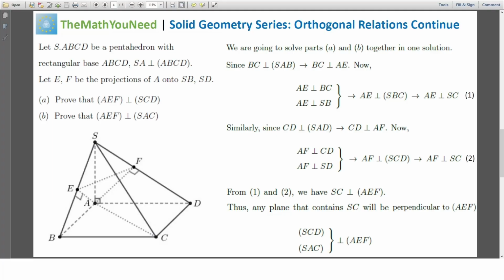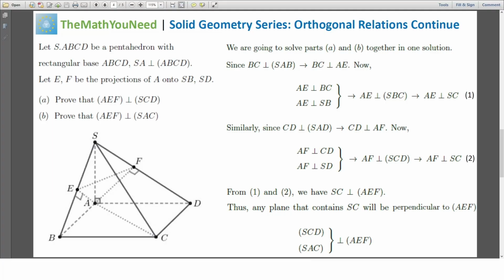One thing I would like to touch on is that this is something I should have mentioned before we even started the solution, and I apologize that perhaps I was too excited to jump into the problem. In the problem statement, E and F are the projections of A onto SB and SD respectively.